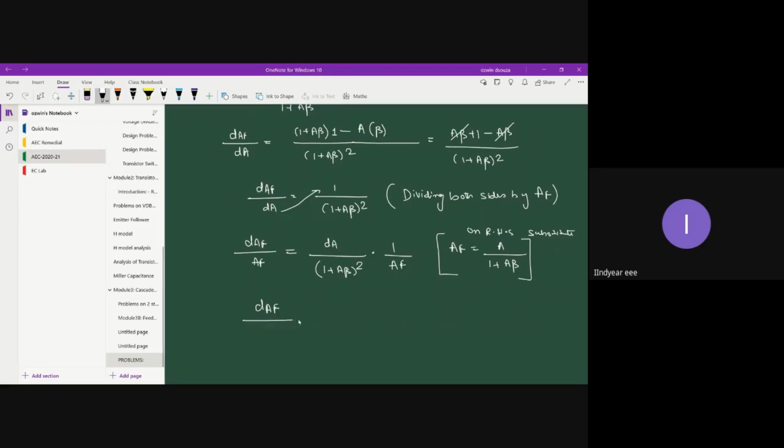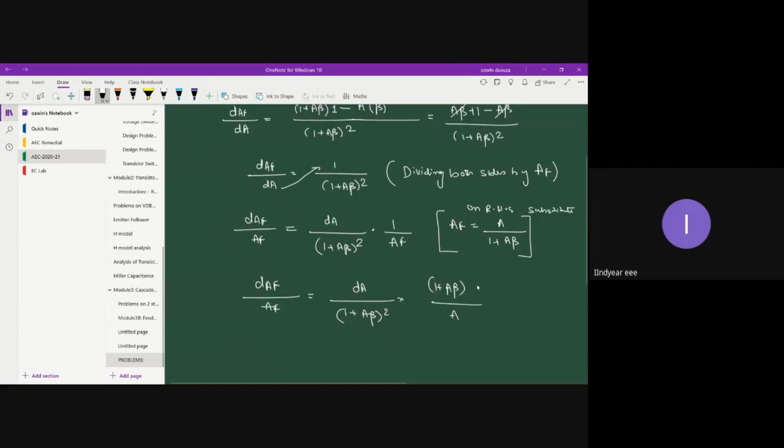So dAF by AF is equal to dA divided by 1 plus A beta the whole square into 1 by AF. So you take the reciprocal of AF. So denominator gets shifted in the numerator and the numerator comes in the denominator.